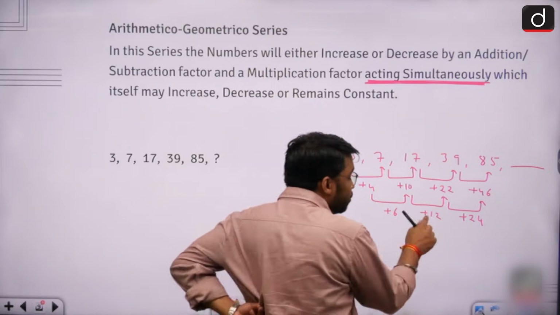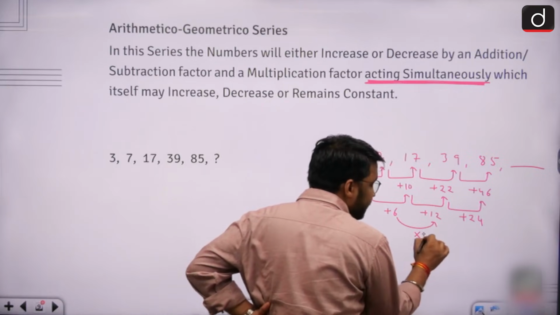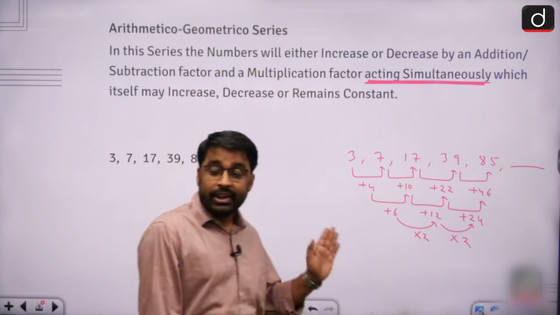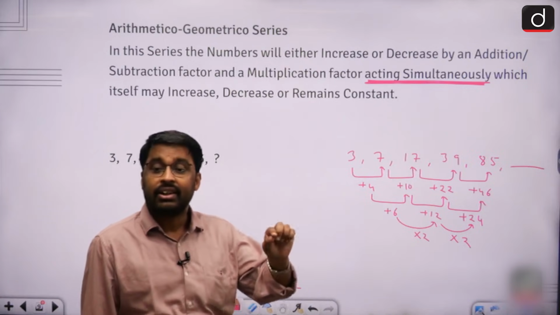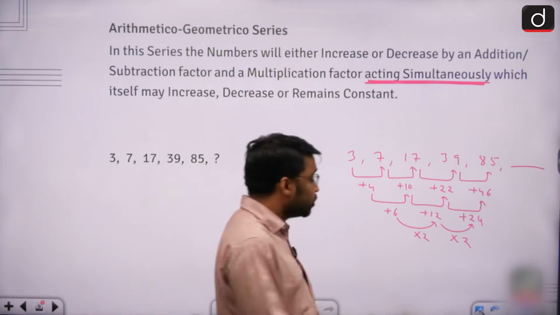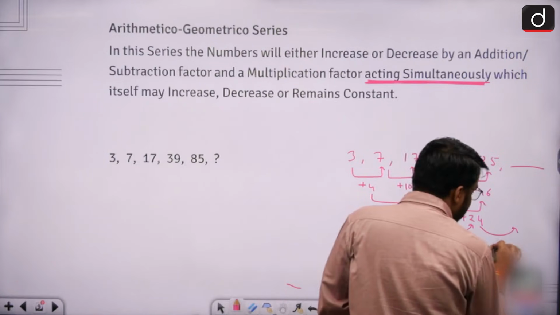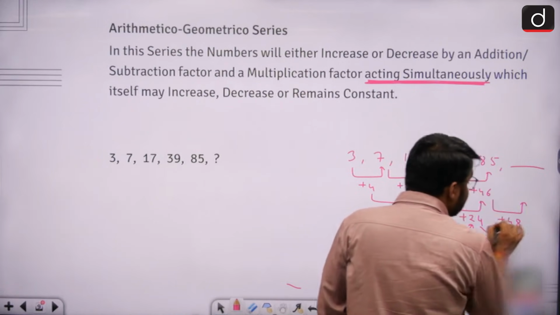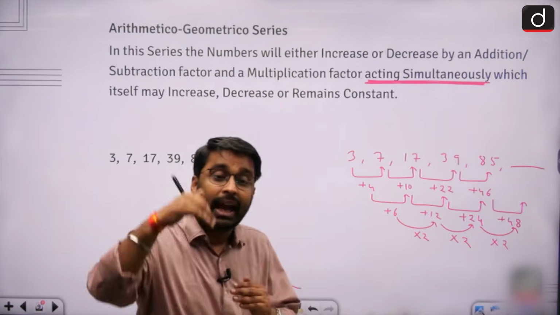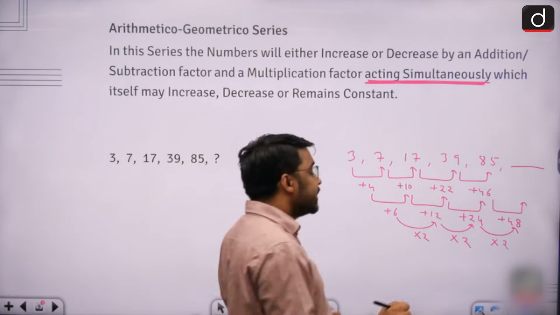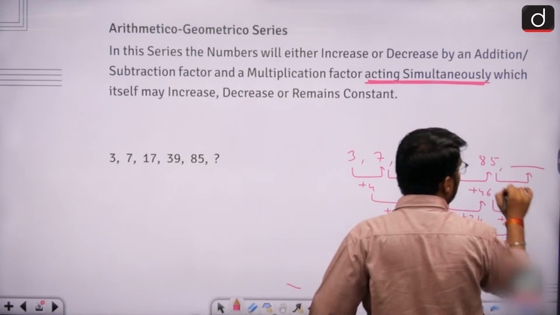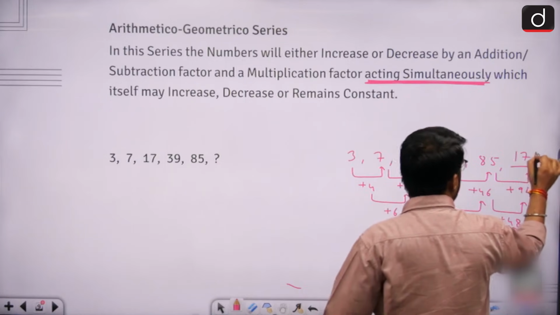For example, 12 was twice of 6, 24 was twice of 12. So the next difference should be twice of 24, that is 48. So 46 plus 48, my next addition factor should be 94, and 85 plus 94, I'll get 178.